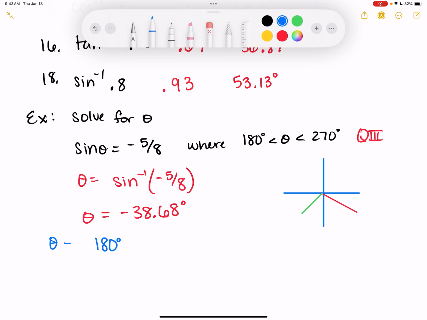So we'll have 180 minus the negative 38.68, which adds it together and puts you at 218.68. Is that right? Sure. Something like that.